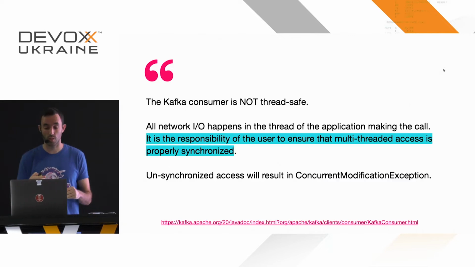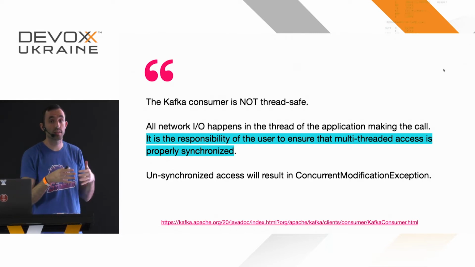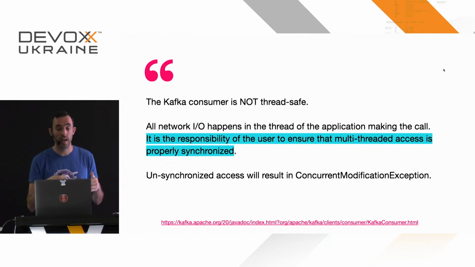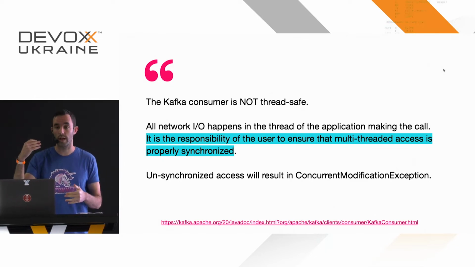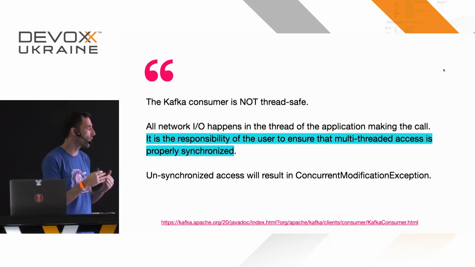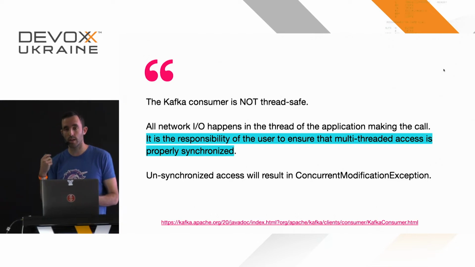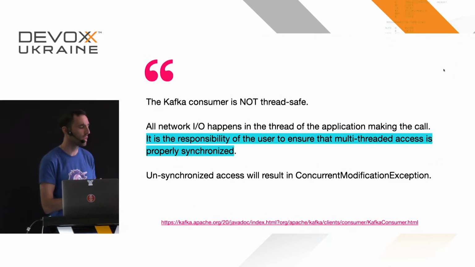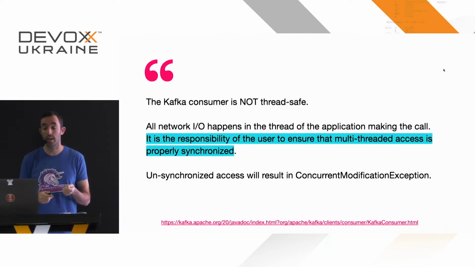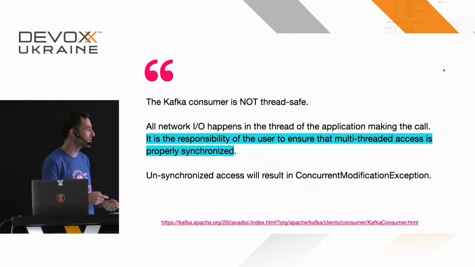So if you want to have multiple threads accessing the same messages from the same partition and process them, you will have to create your own synchronization code to do that. And anyone who has worked with multi-threaded code before knows that it's really hard to get it without any bugs. And you don't want to keep doing that again and again.